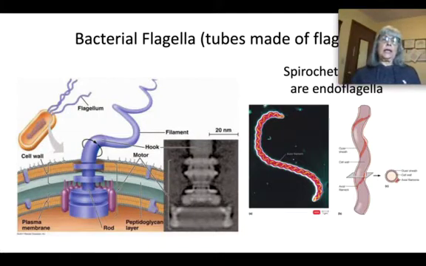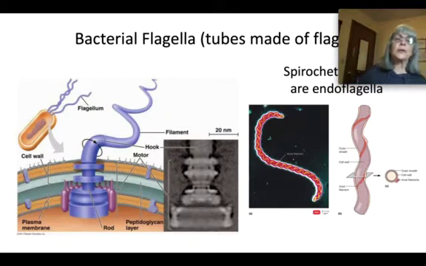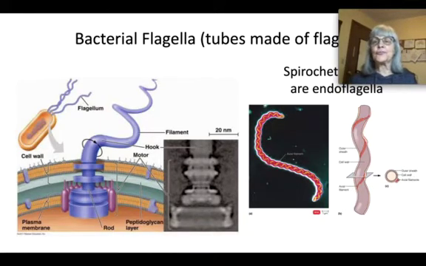All right, there is another type of extension that a bacterial cell may have, and this is found on bacterial cells that are motile, that move. These are called flagella. These are made of flagellin. My face is blocking that, but if you have the PowerPoint slides in the lecture material, you'll see that it says flagellin.